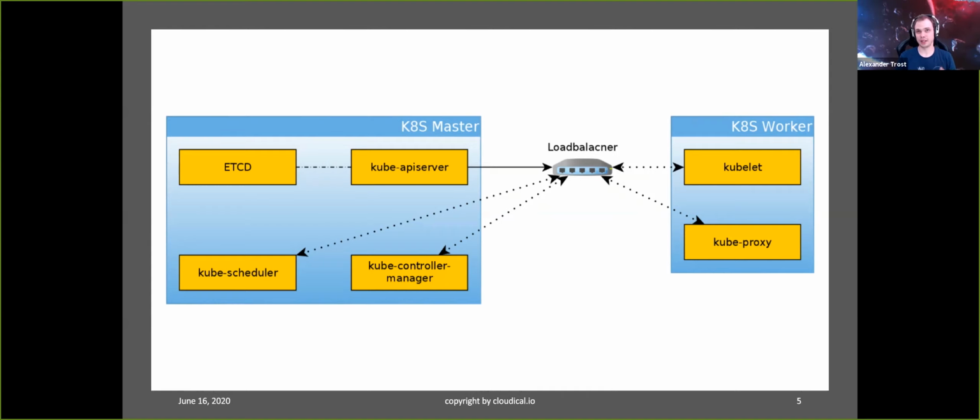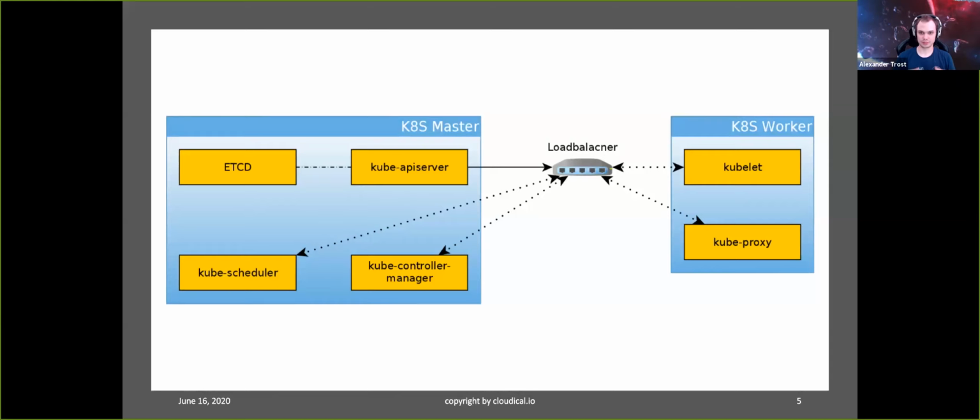In front of the etcd, you have the API server. The API server is basically a gateway in front of the etcd. This is the only component in a normal Kubernetes environment which has access to the etcd. In front of the API server, you normally have API load balancers and such.